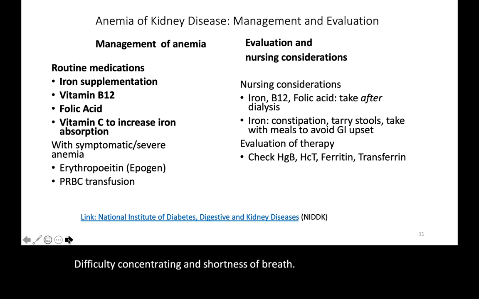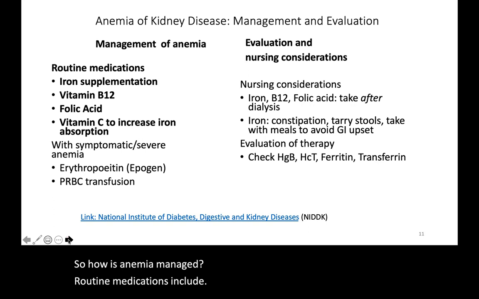So, how is anemia managed? Routine medications include iron supplementation, vitamin B12, folic acid, vitamin C to increase iron absorption.